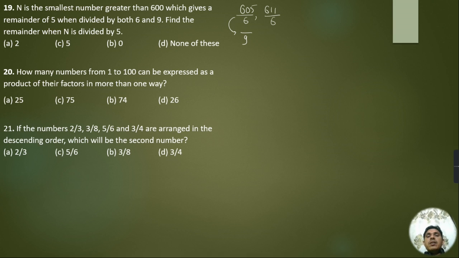611, right? Divided by 6, the remainder will be 5, but divided by 9, 9 times 6 is 54, remainder 7, and 9 times 7 is 63. So no. If we check another number, 617, if we divide by 6, the remainder will be 5, and if we divide by 9, what will be the remainder?